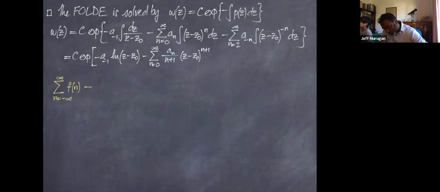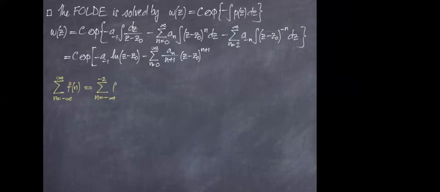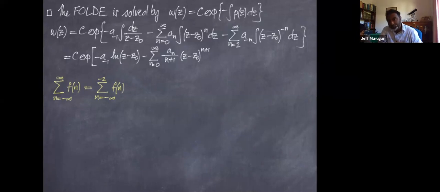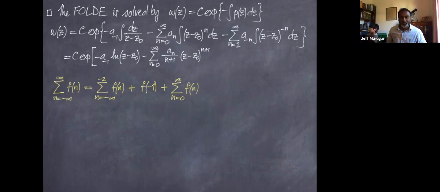What I'm saying is that I'm going to break it up into the sum from n equals minus infinity through to minus 2, with the same f of n, plus one particular term when n equals minus 1, then the sum from n equals 0 through to infinity of this f of n. Are you with me? Yes, now I'm with you.